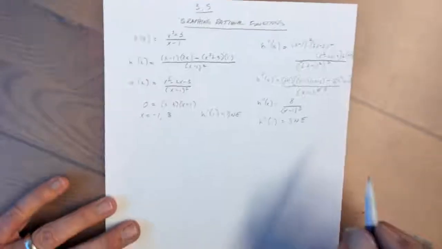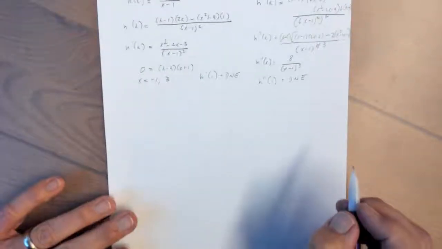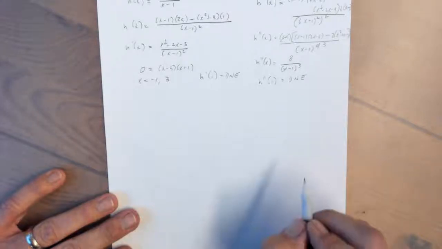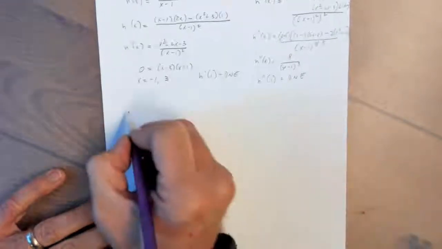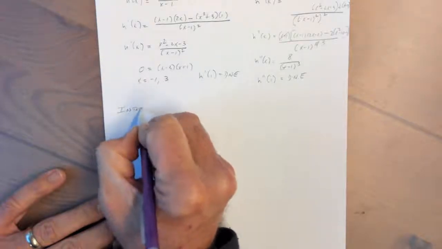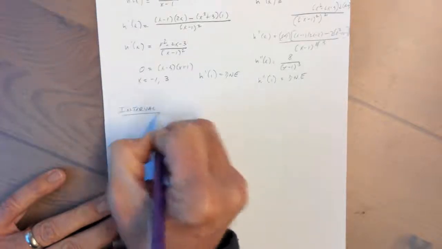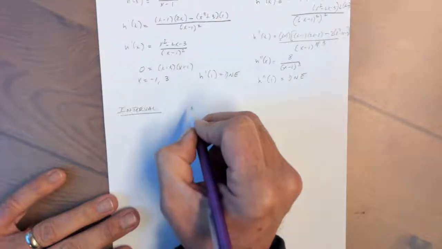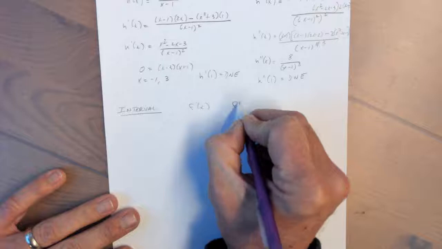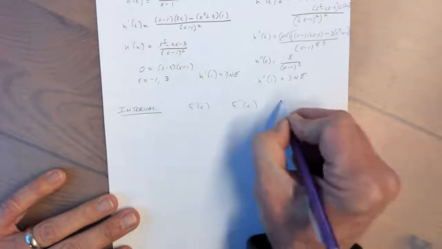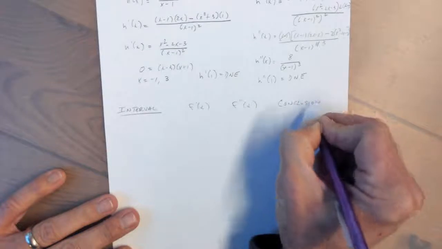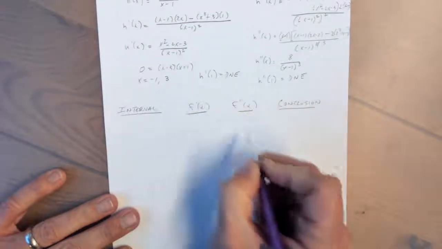So I'll do a sign chart here rather than number lines, which we've done in the past few, just so people can see something different. So we have our intervals. We will look for the sign of the first derivative, the sign of the second derivative, and then make our conclusions.